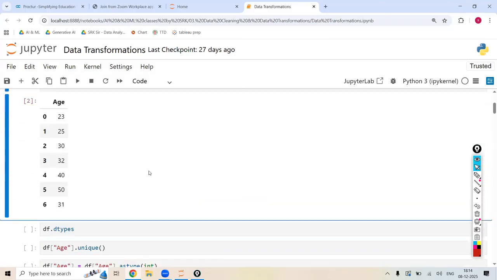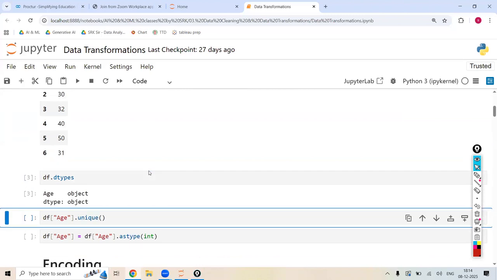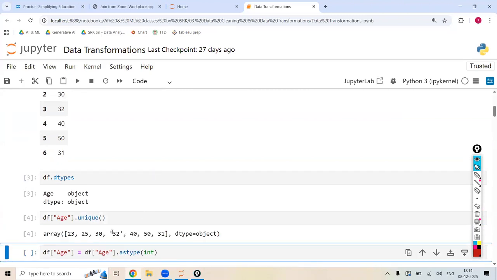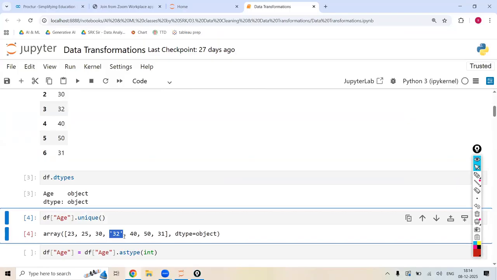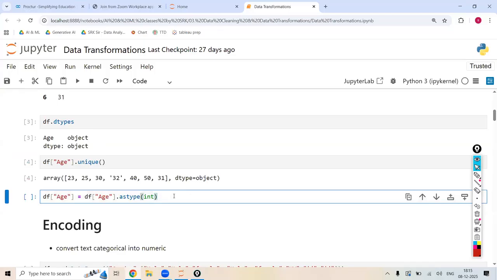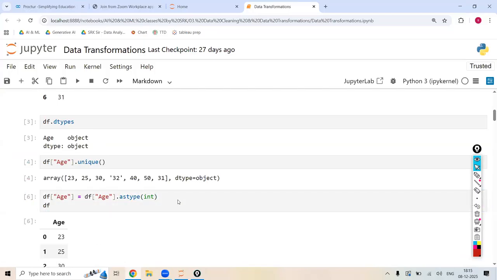As already we have completed this, first we are going to observe the unique values, and within the unique values, if you have observed any value which is a string or something like this and only the wrong data type is there, but the remaining things are perfectly okay, in that case we are going to use the astype function.